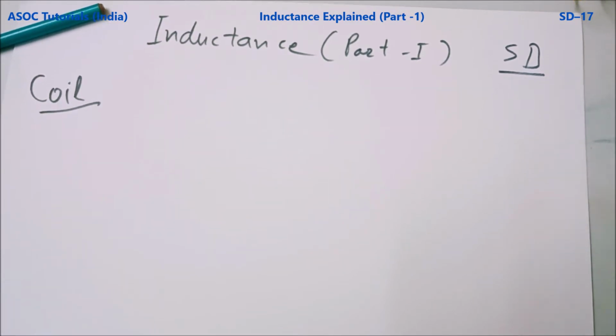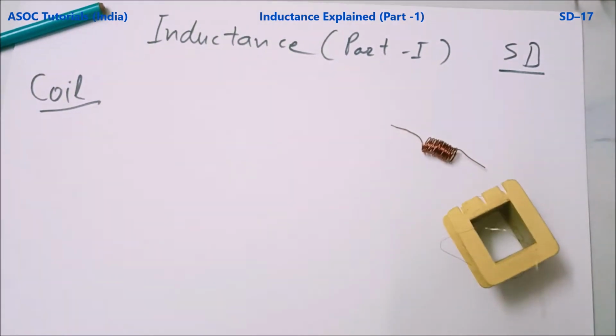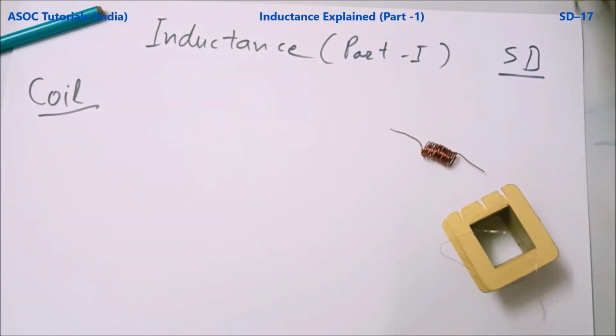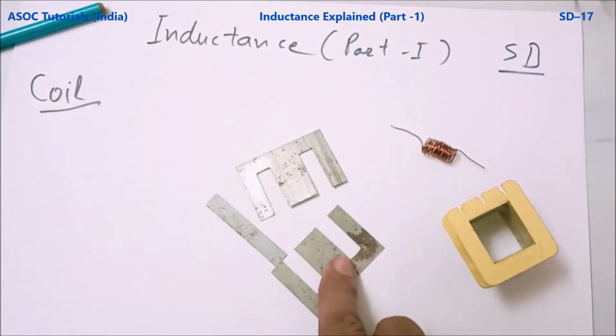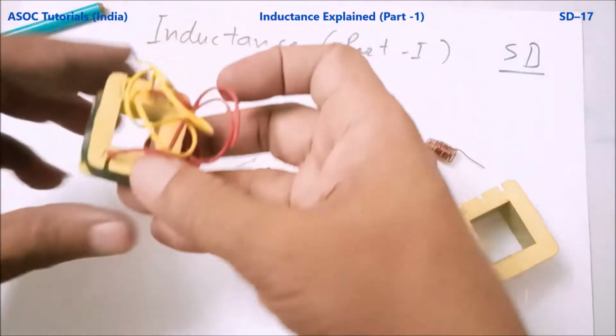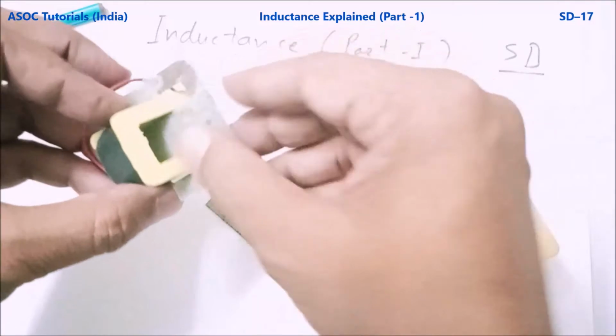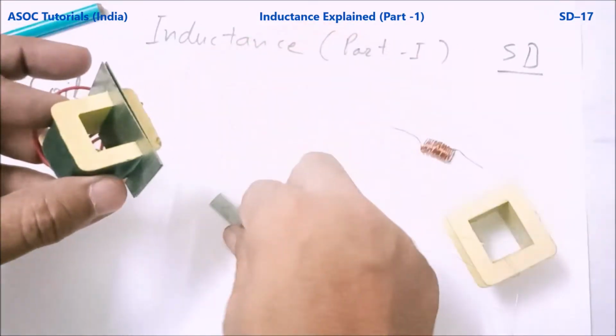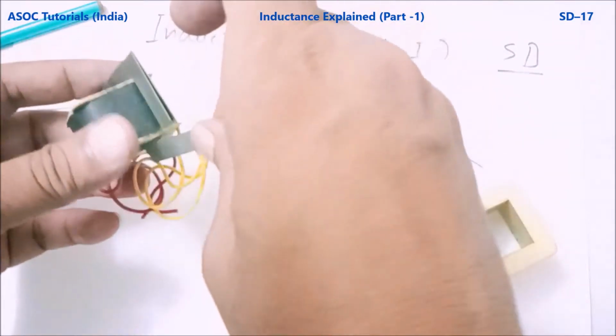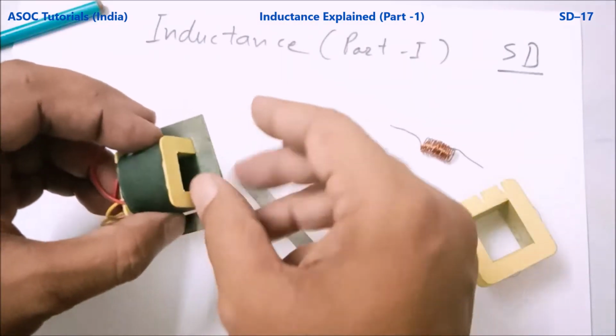They are of several types. The first one I showed you is the air type. The second one I am going to show you is the iron type. Just putting in an iron and showing you. You can see I am putting in iron, and this is an I type as a spacer. So this is the iron type.